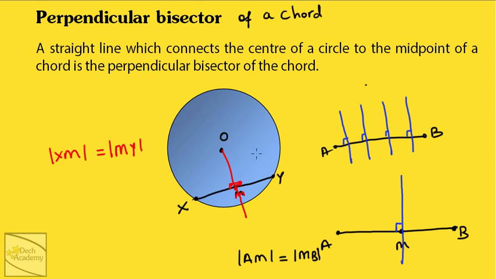So this is the rule. You have a circle, you have a chord. If you draw a straight line from the center of the circle through the midpoint of the chord, what you've drawn is a perpendicular bisector of the chord.